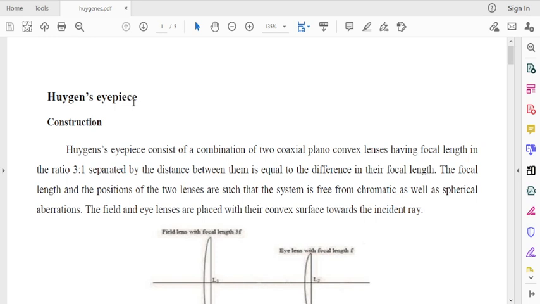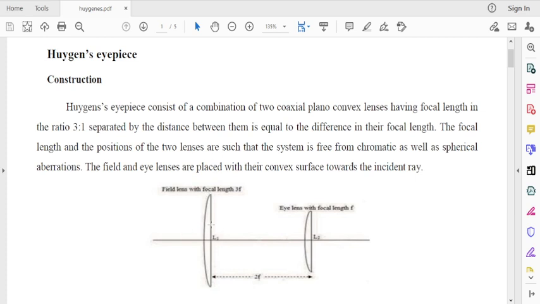See, the Huygens eyepiece consists of two coaxial plano-convex lenses, which have focal lengths in the ratio 3:1, means if a field lens has a focal length 3f, then the eye lens has a focal length f.